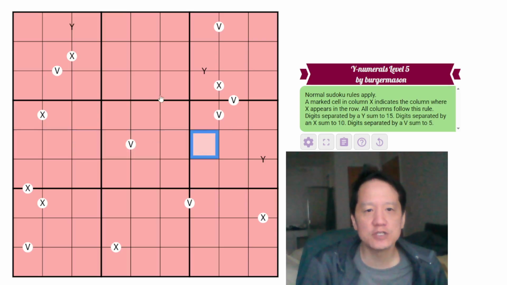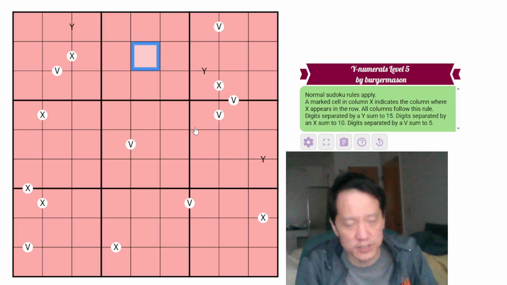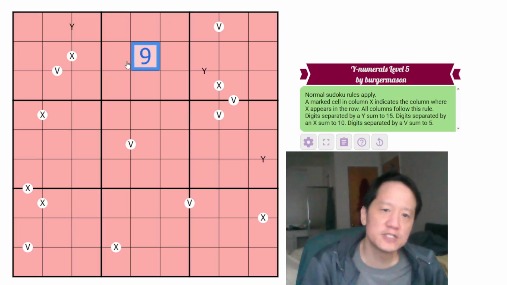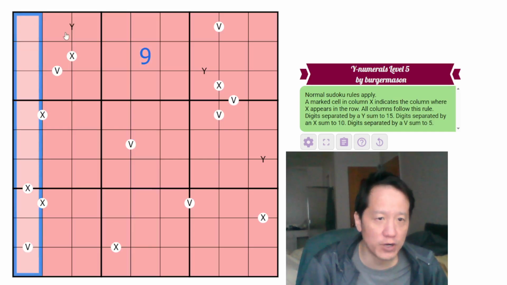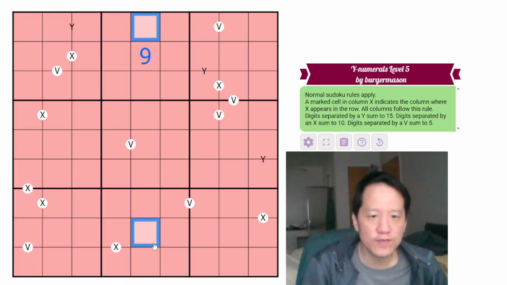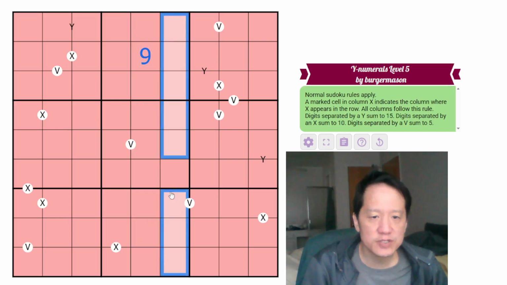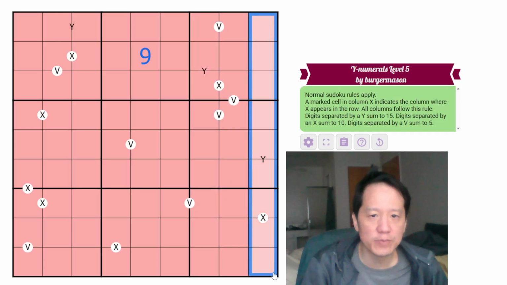But basically, just know that for whatever number is in a cell, say this was a 9, this is saying that for the column number, this is column 5, and so again, this would be 1, 2, 3, 4, 5, column 6, column 7, column 8, and this is column 9.